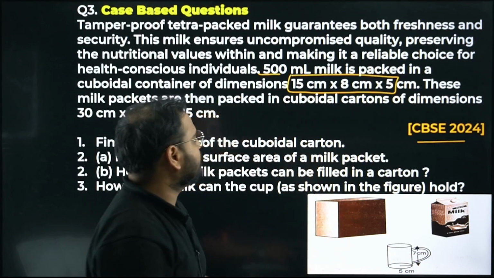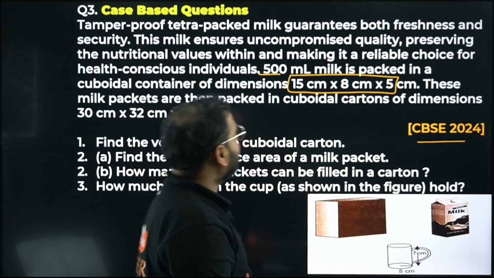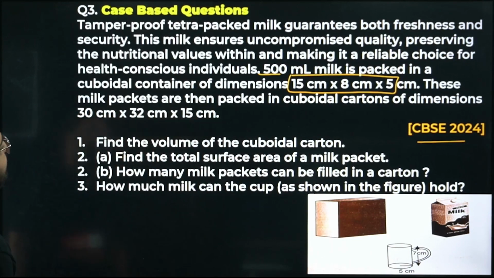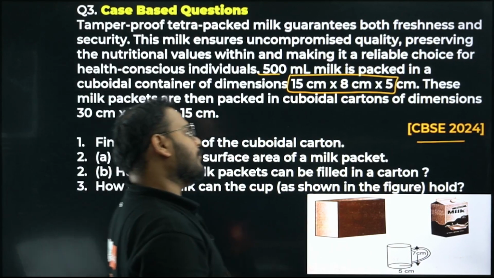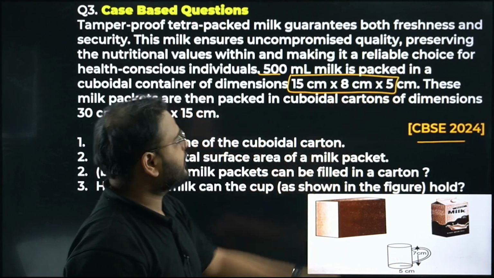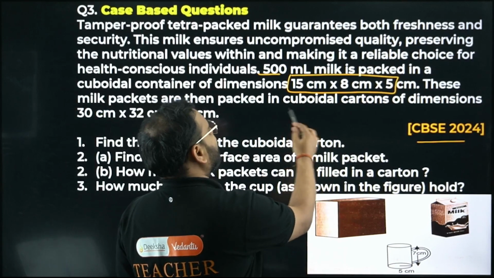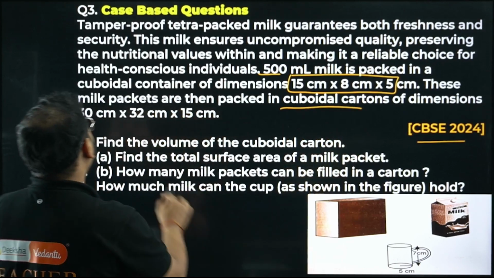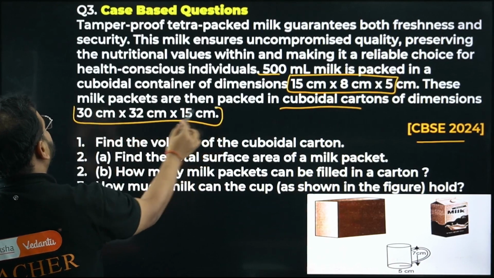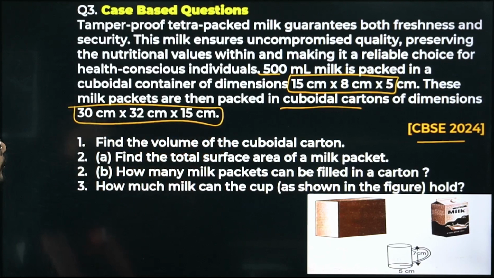This is a dimension. Container 15 centimeter times 8, so length is 15, breadth is 8 and height is 5 centimeter. These milk packets are then packed in cuboidal cartons to ship, right? Dimensions of this are 30, 32 and 15. Find the volume of the cuboidal cartons.